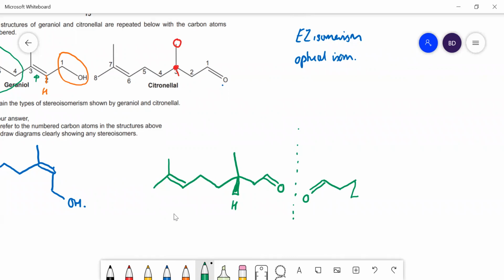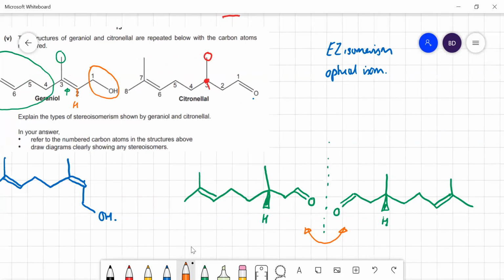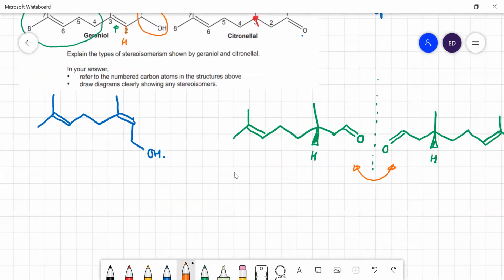Here's our asymmetric carbon there, and that's our double bond. Okay, so these two things are non-superimposable mirror images of each other. They are optical isomers. Quite a lot of drawing there for just 2 marks, I think that question was. Yeah, okay.